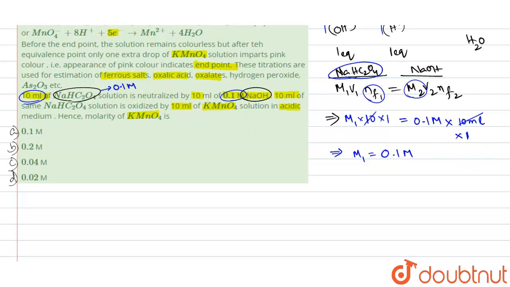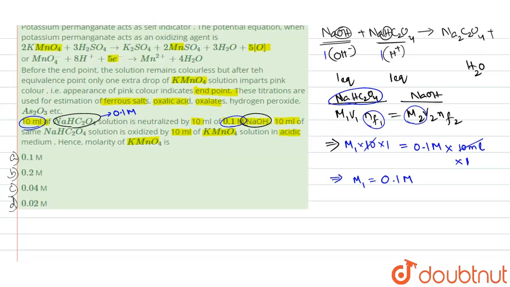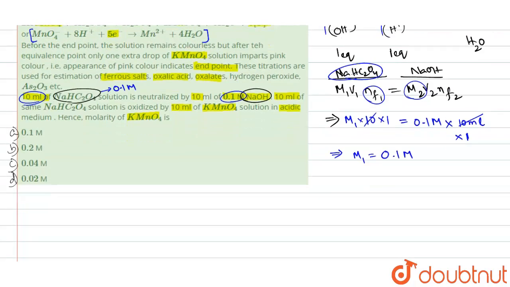Now we have the molarity of this NaHC2O4 solution as 0.1 molar. Now if we look at the reaction of this permanganate ion in presence of acid, it is MnO4 minus plus 8H plus. In presence of 5 electrons, this produces Mn plus 2 plus 4 water.